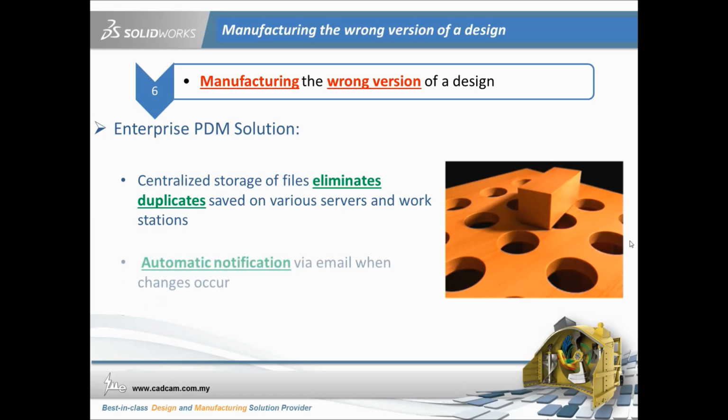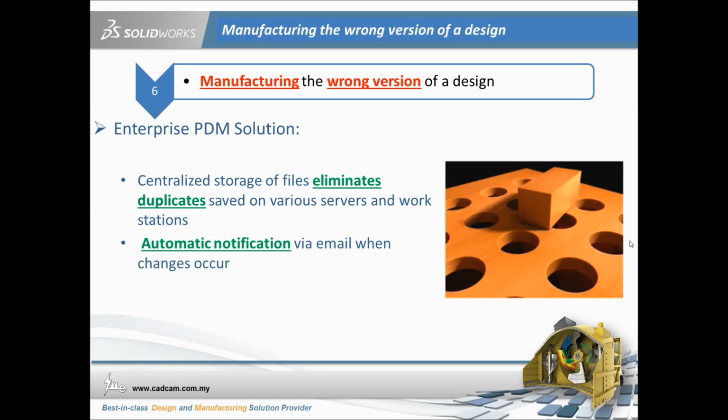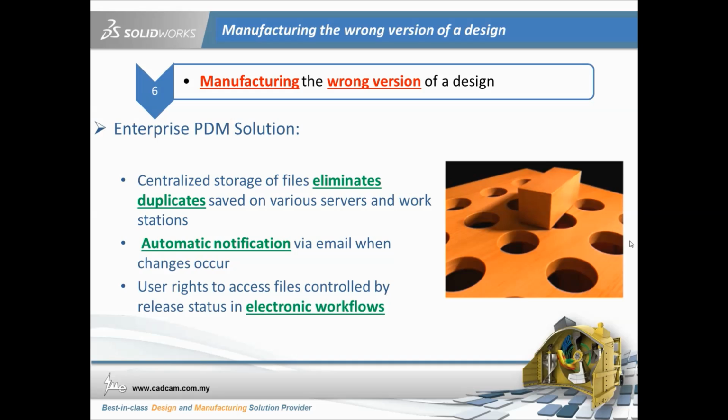We have automatic notifications via email or the message system within the EPDM system whenever changes occur. The user also has the right to control the release of the file whenever they have the permission in the electronic workflows. It means that only managerial level people can actually change the status of the file to release it as a controlled document.